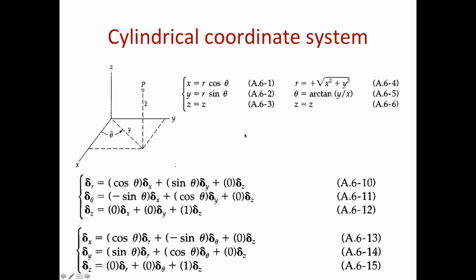And then one thing that we will use a lot and that you need to properly handle is integration in a cylindrical coordinate system. When we are integrating in a cylindrical coordinate system, we have to do that with respect to r and theta.